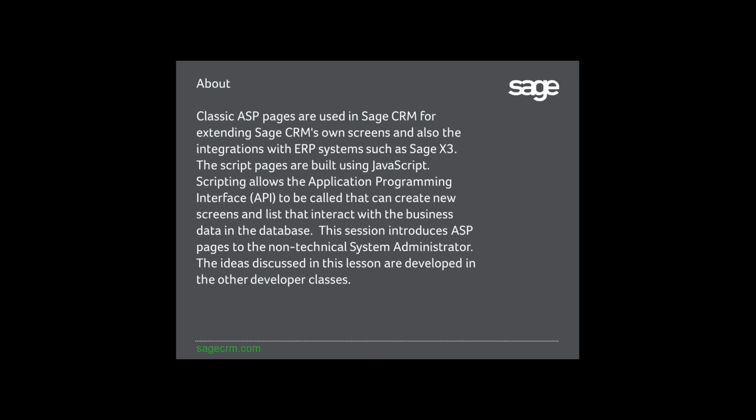Interestingly, we're using scripting within JavaScript files more and more because of integration with ERP systems and accounting systems within Sage. We have got a series of articles on the community site, and we also have a series of videos specifically about the way in which the X3 integration works.